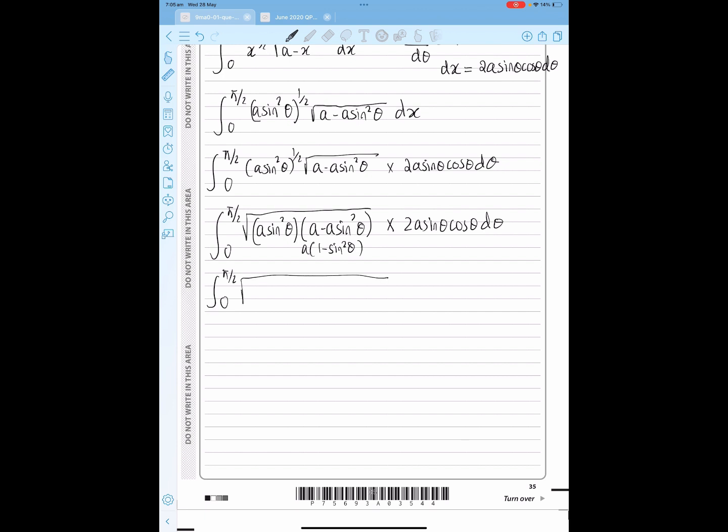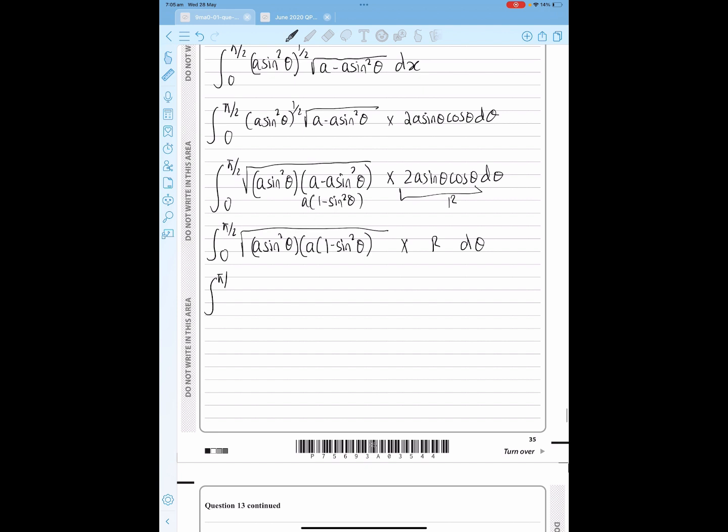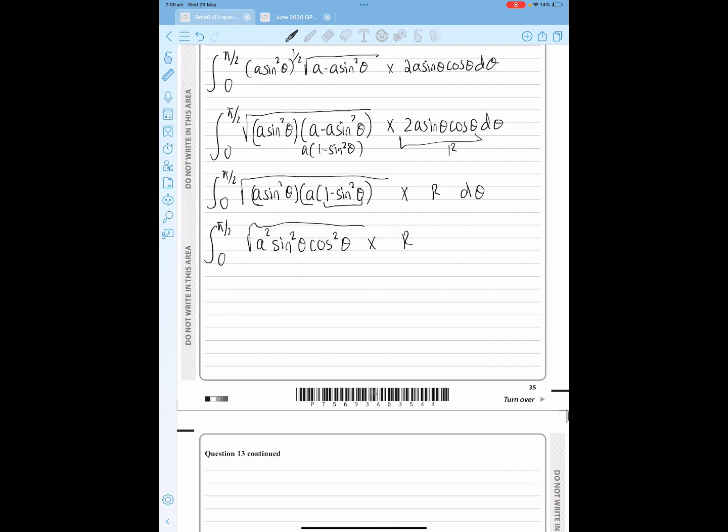Let's call 2a sine theta cos theta d theta r so I don't have to keep writing it. We get a squared, because a and a multiply, sine squared theta cos squared theta, square rooted, times r, integrated between 0 and pi over 2.